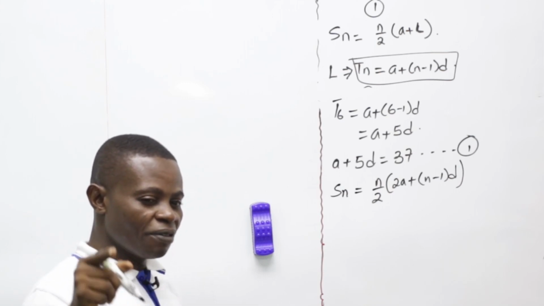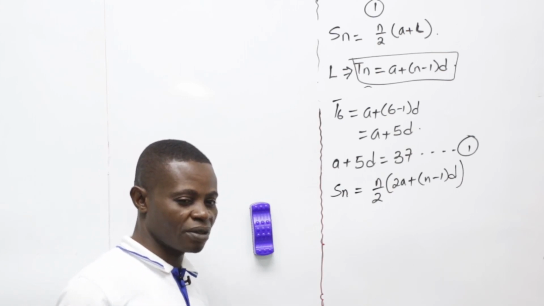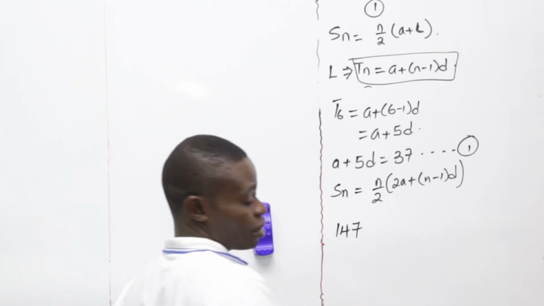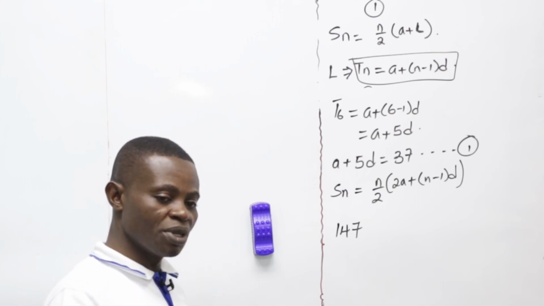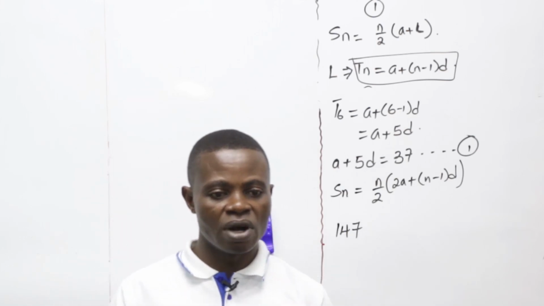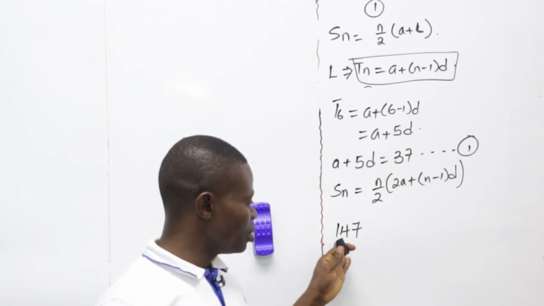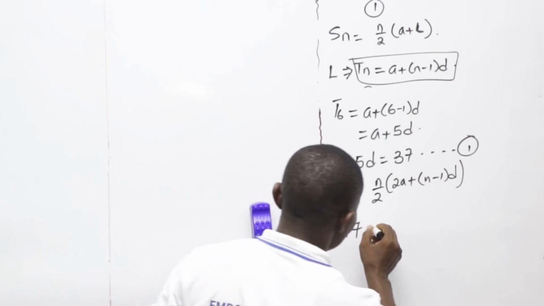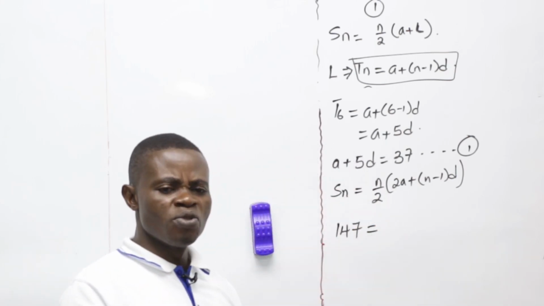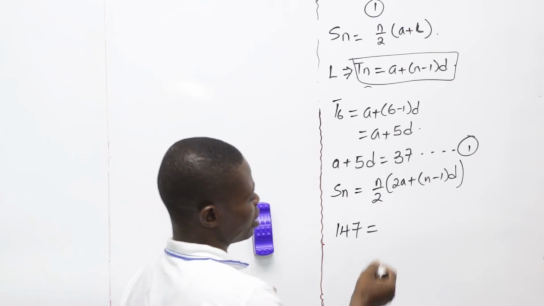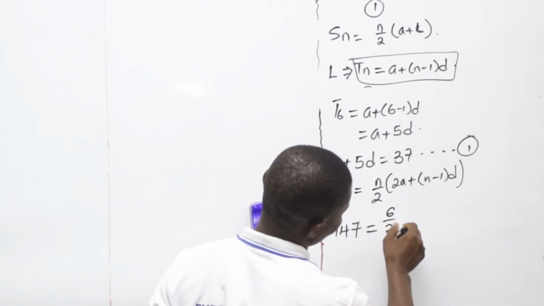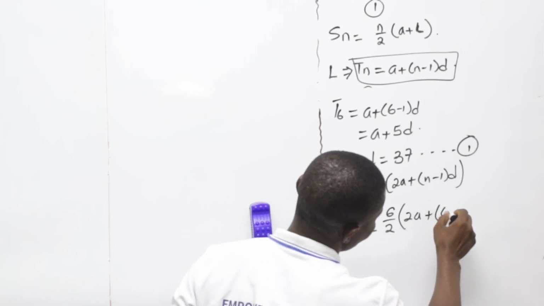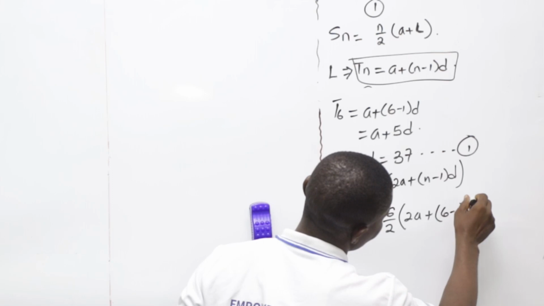The sum of the first 6 terms is 147. Then there should be an understanding and perfect communication between you, the solver, and the question you are handling. Look at it: the sum is 147, so 147 equals the sum of the first 6 terms, meaning 6 over 2 into (2a plus (6 minus 1) into d).